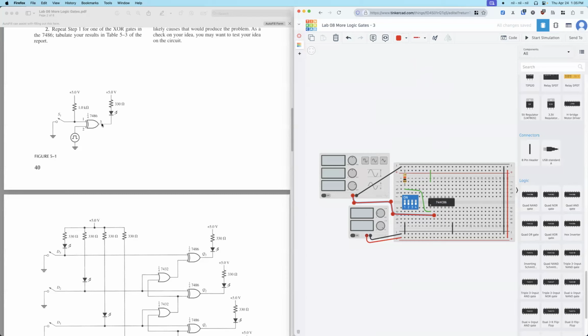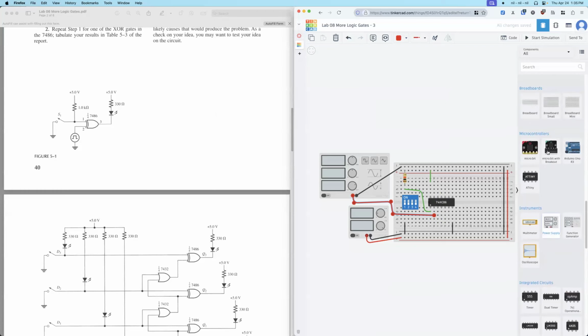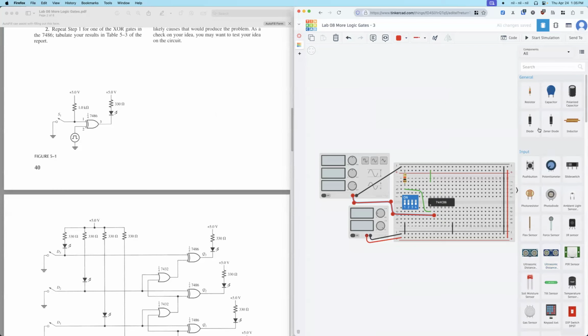The output is pin 3. This is the output. Connect to LED, connect to a resistor. So we need a resistor now. Okay, in position. So this is 330.